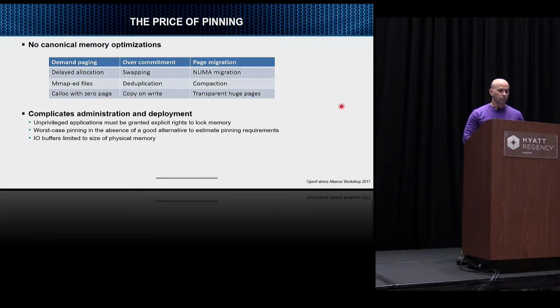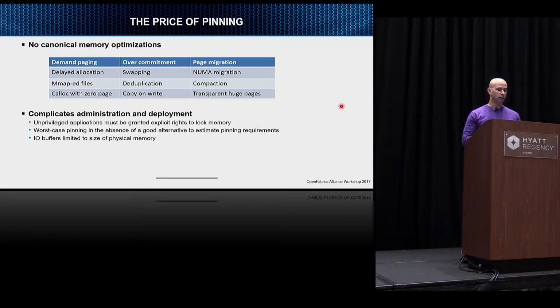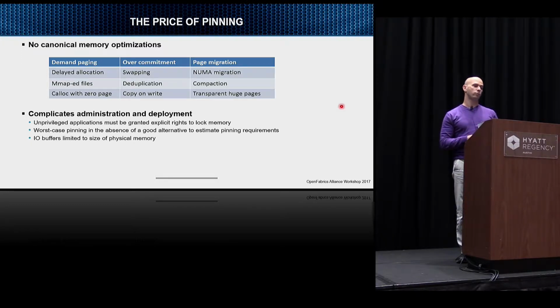Because of that, there are two main prices to pay for this long-time pinning of memory. The first is the price of pinning itself, and that usually pertains to virtual memory optimizations. There are a bunch of virtual memory advancements that were made over decades that, once you pin memory, are no longer available to I/O buffers.